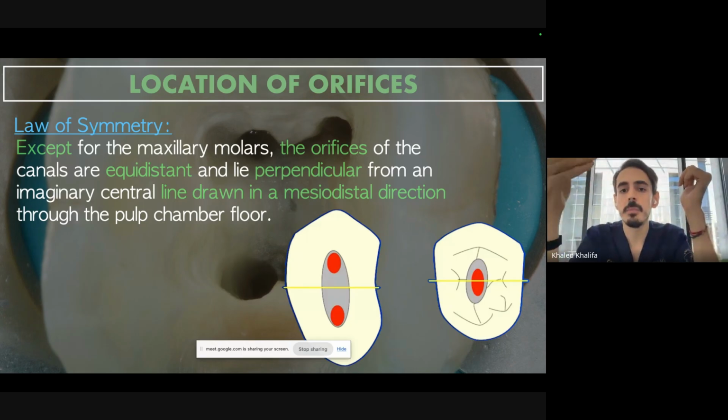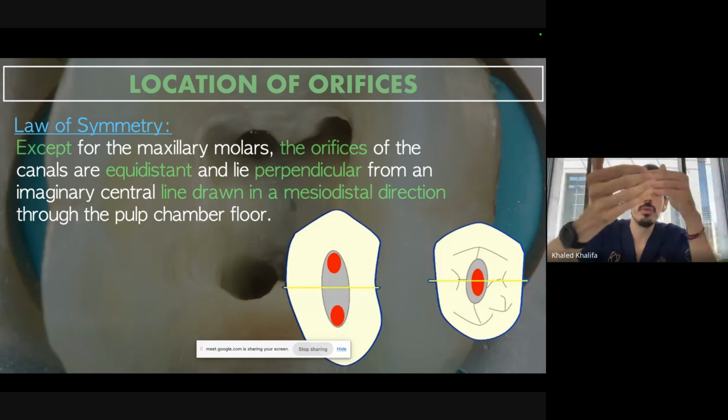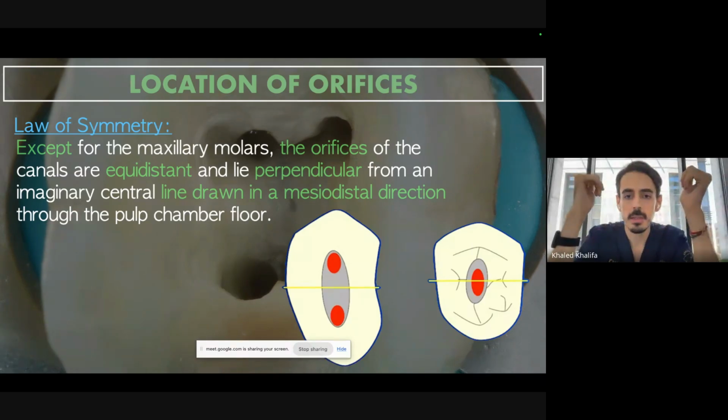For example, if you found the buccal canal in the upper four and you want to find the palatal canal, you simply draw an imaginary line dividing the tooth mesiodistally, and you search on the opposite side at the same distance and on the same line.